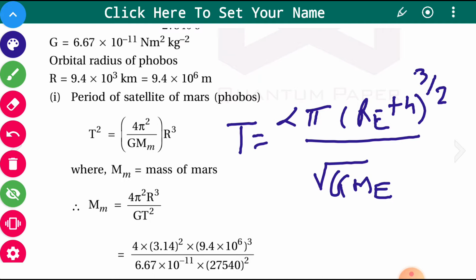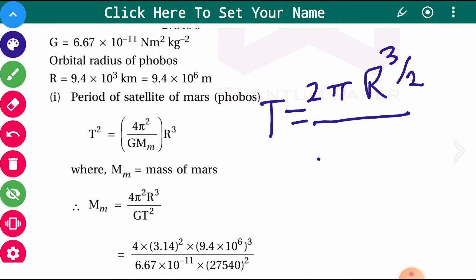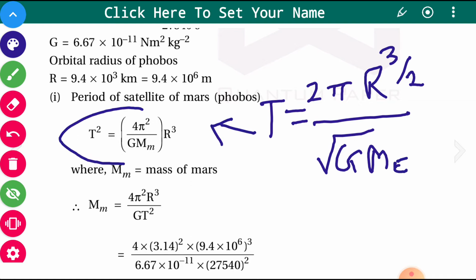If you take the distance of the satellite from the center of any planet as r, then RE plus h will be converted into r. So T is equal to 2 pi r raised to 3 by 2 upon under root GME. Now take the square, then you will get T square is equal to 4 pi square r cube upon G into ME.